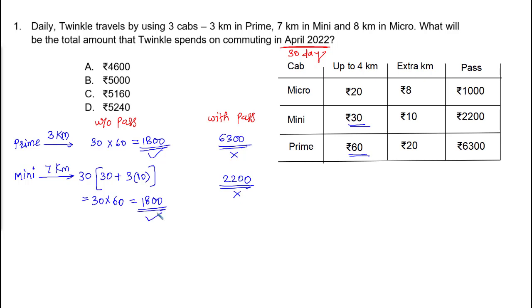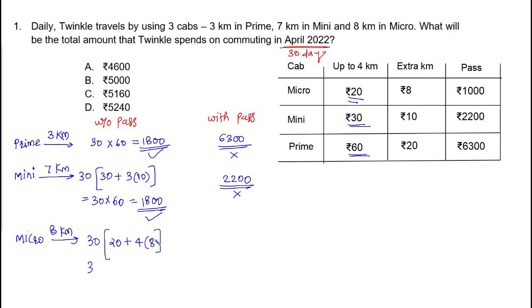Okay. Now Twinkle is going to travel 8 kilometers by using the micro cab. Let's have a look at it. By using the micro cab, she is going to travel 8 kilometers. So for 30 days, every day 20 rupees for the first 4 kilometers, and the remaining are 4 kilometers. For every kilometer out of this extra 4 kilometers, she needs to pay 8 rupees per kilometer.